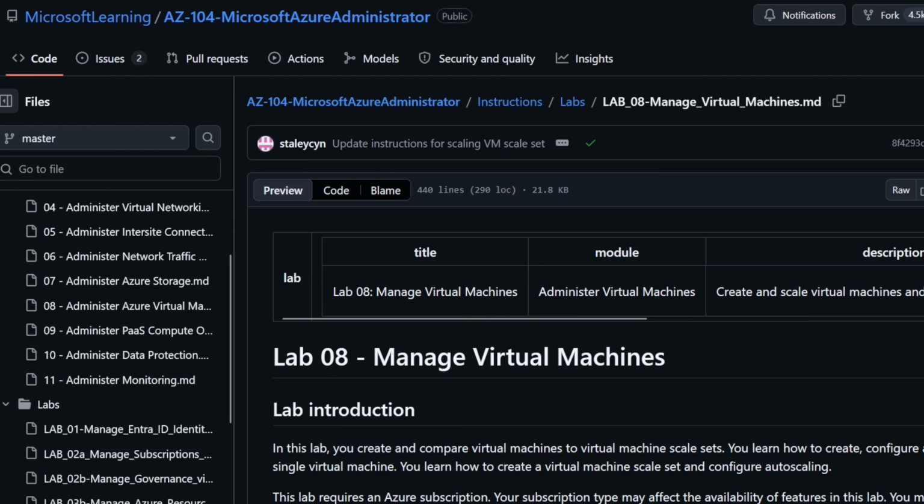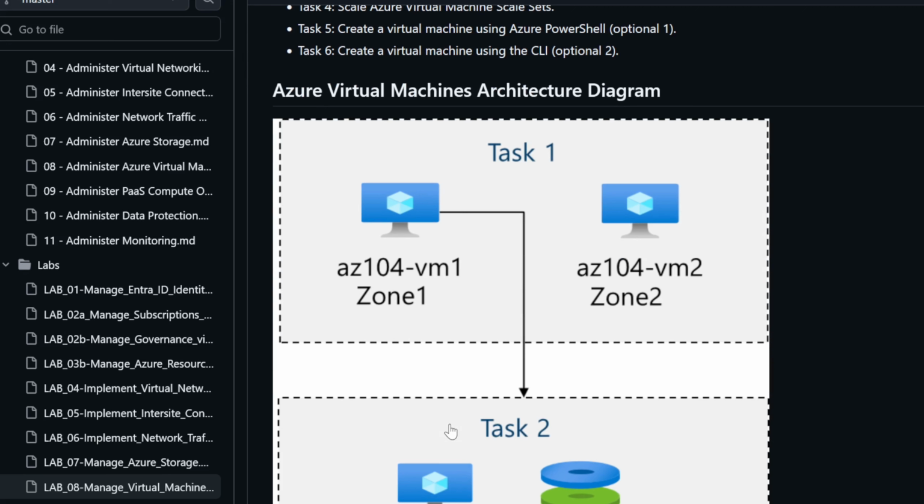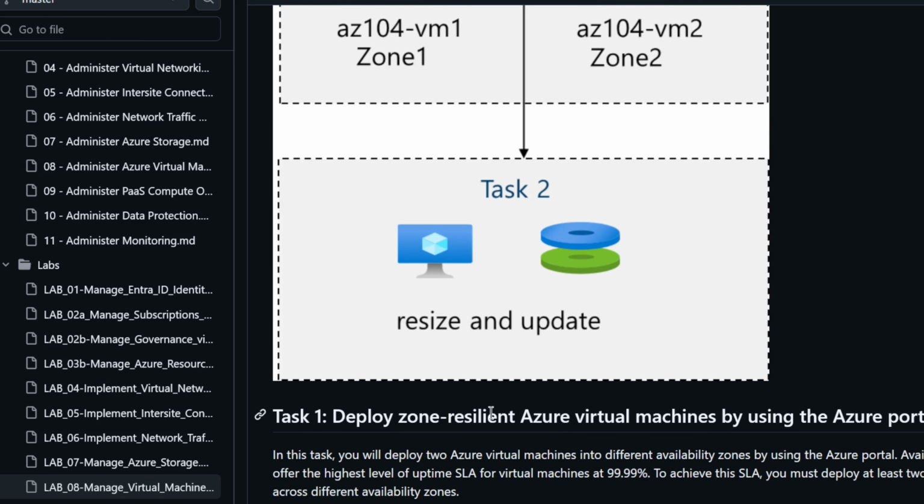This matters across the whole exam, right? It matters when you compare storage options. It matters when you choose between identity and governance controls. It matters when you look at backup versus resiliency patterns. It matters when you're deciding how to manage access, where to apply a lock or a policy, or how to secure data.